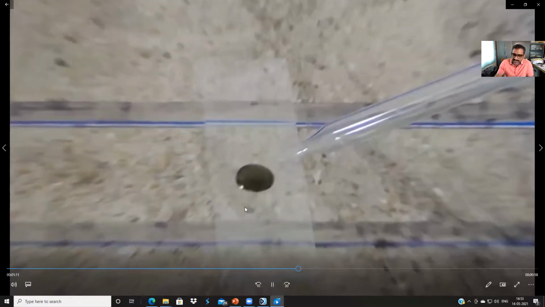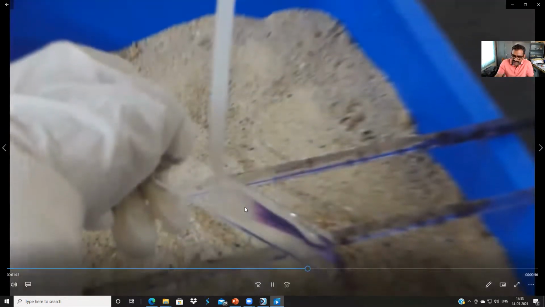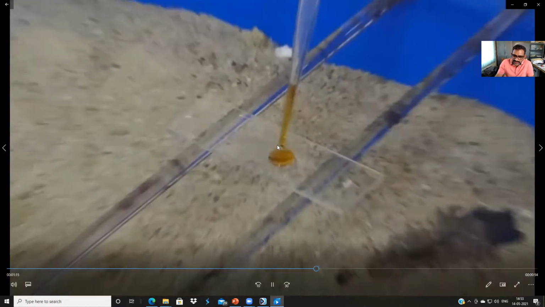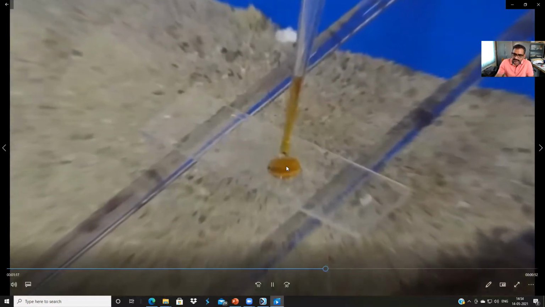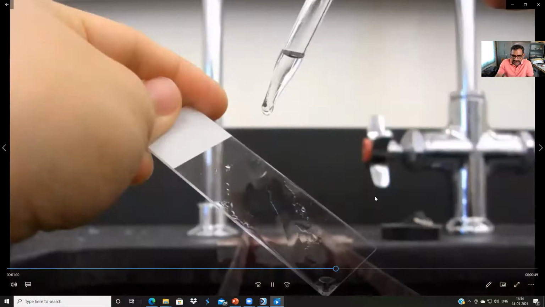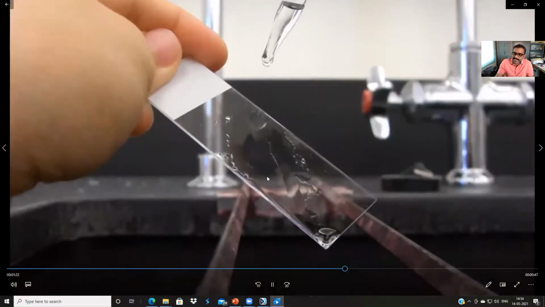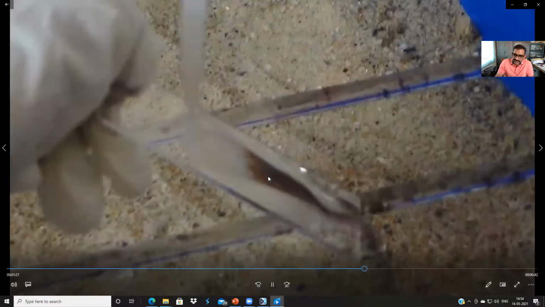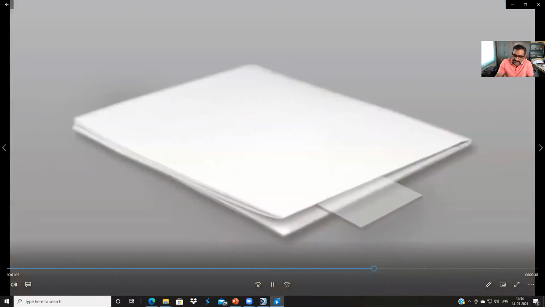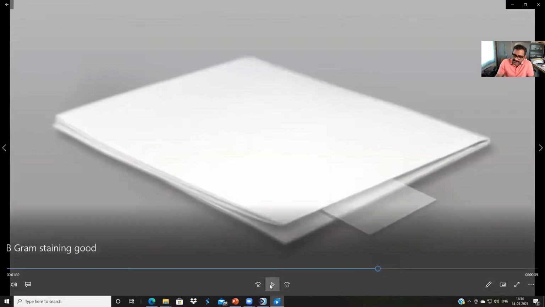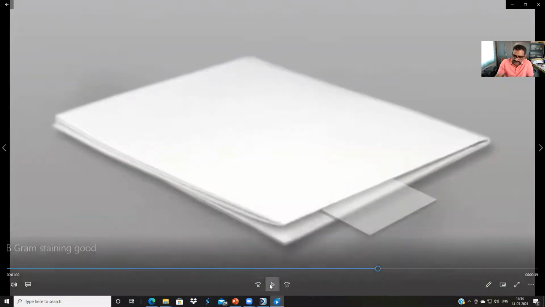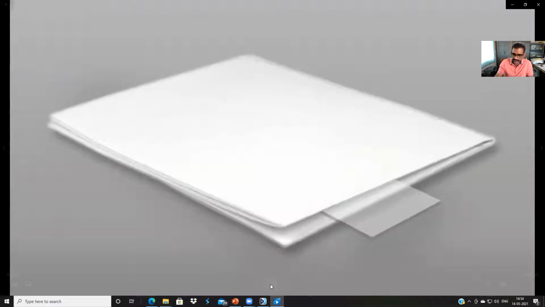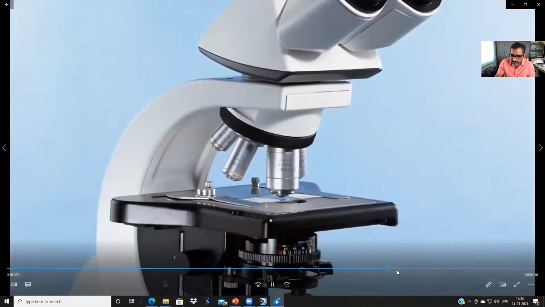Flood with crystal violet, leave it for 1 minute, wash it with water, flood with iodine, leave it for 1 minute. Wash with water, flood with the 95% ethanol decolorizer, leave it for 1 minute. Stain with safranin, leave it for 2 minutes and wash with water. You can blot to remove the water or air dry. Afterwards, you can observe under the microscope.